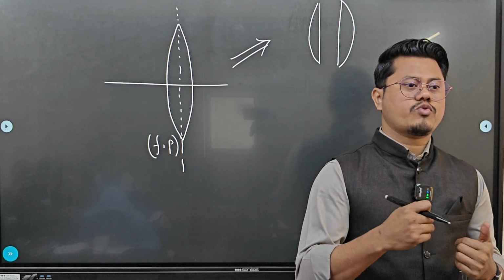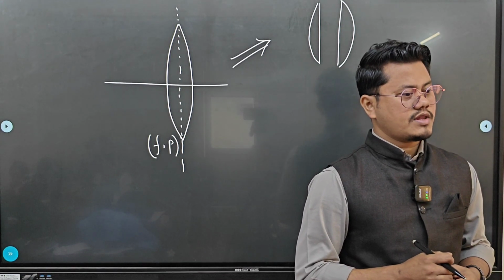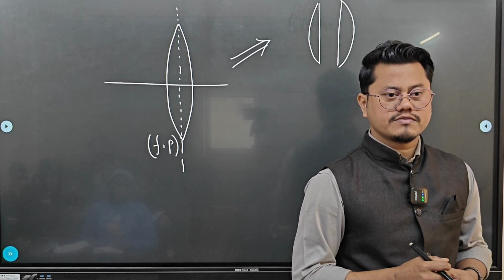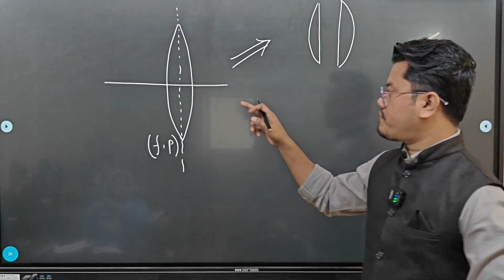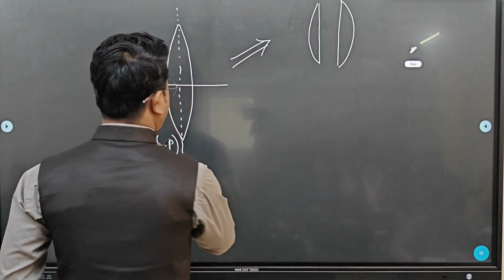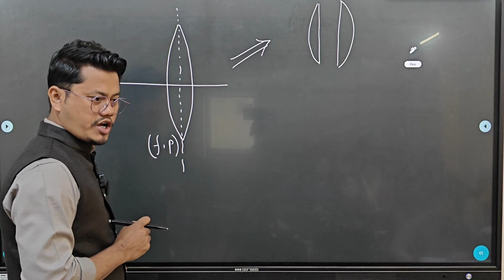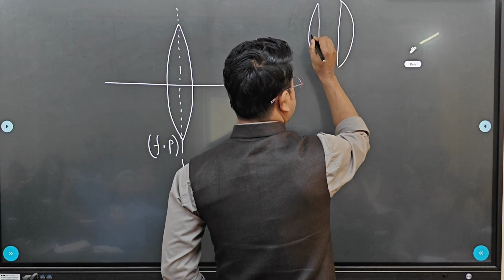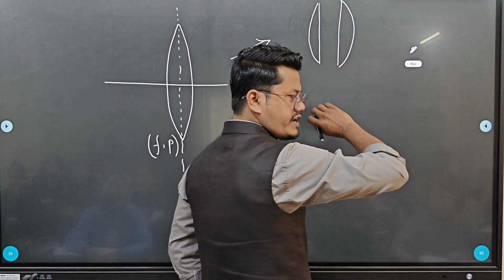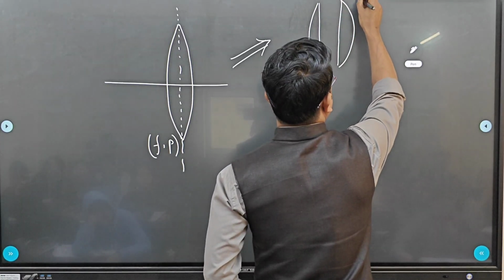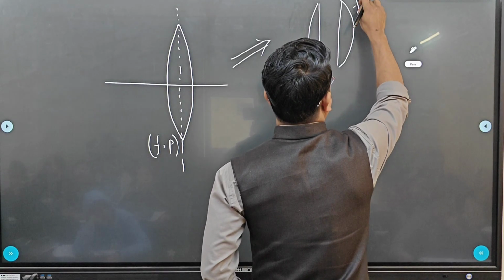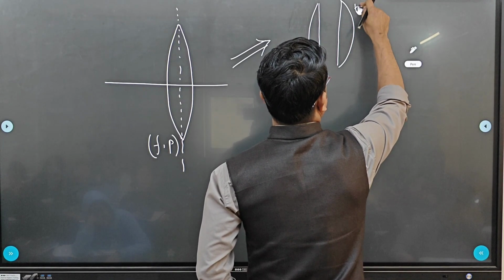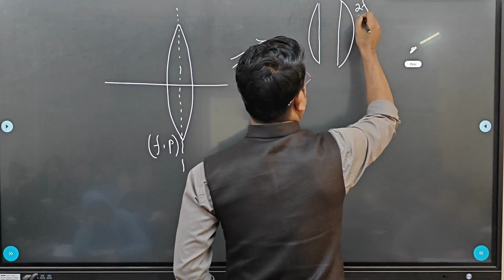If f becomes twice of r, then 100% the focal length will also be twice. If the original lens has focal length f, then in this case, this is plano convex and this is plano convex, right? In this case a single lens will now have focal length, sorry, you can write directly 2 times the focal length.